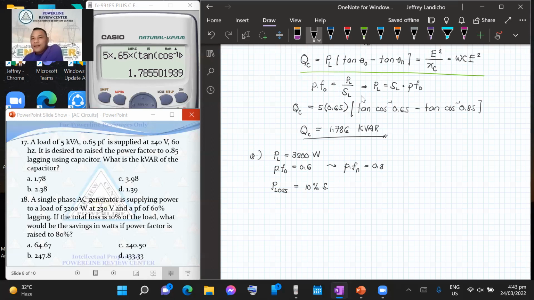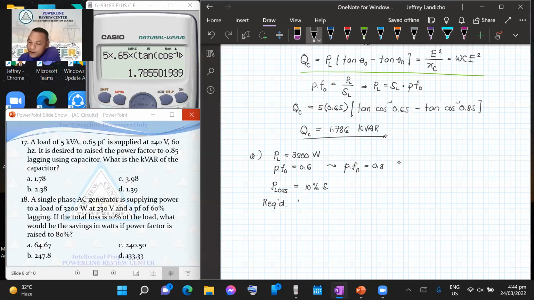S. So therefore, if the power factor is being improved, therefore, the apparent power supplied to a customer decreases also. So kapag nag-decrease yung apparent power supplied to the customer, magdi-decrease din yung cost. So therefore, nakatipid tayo.